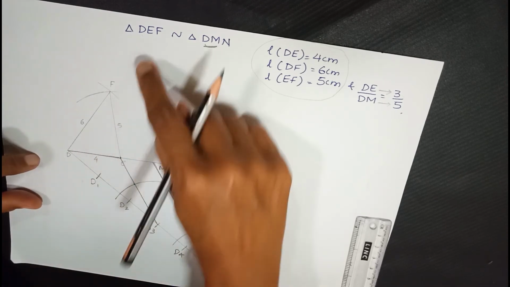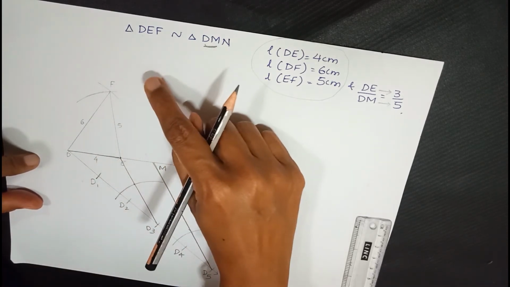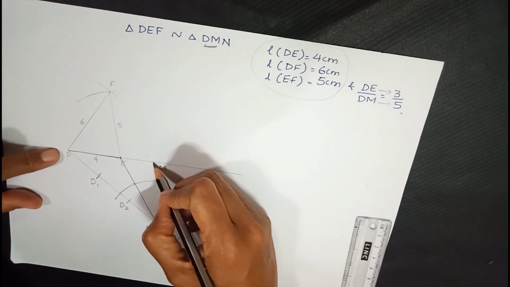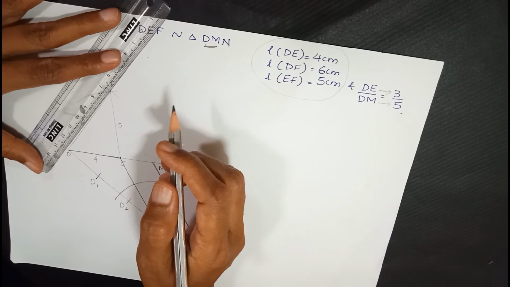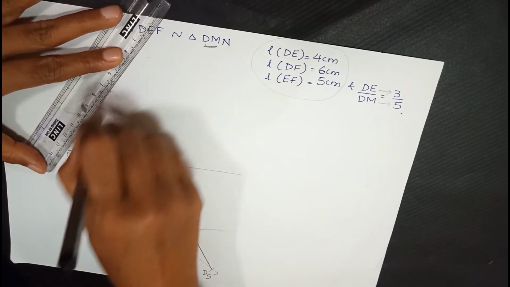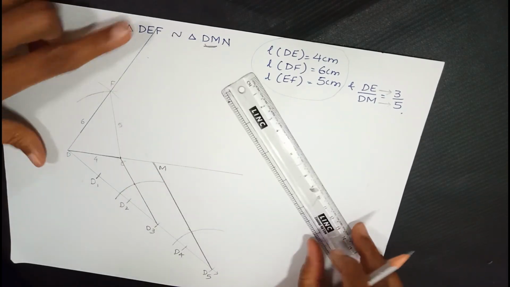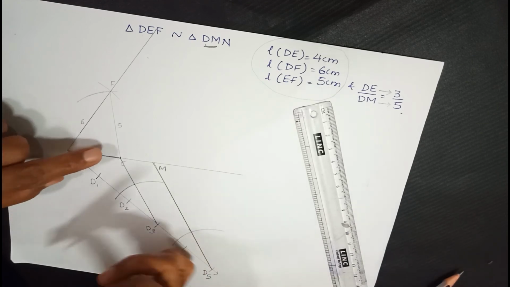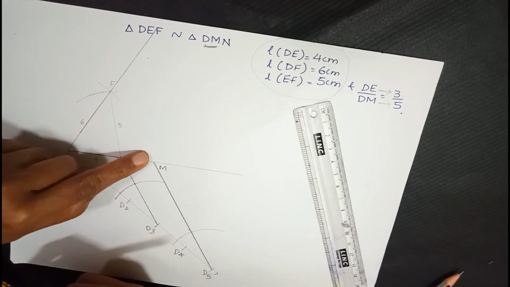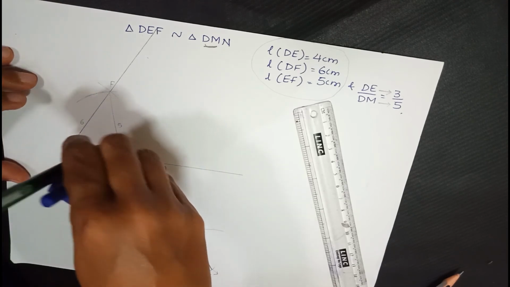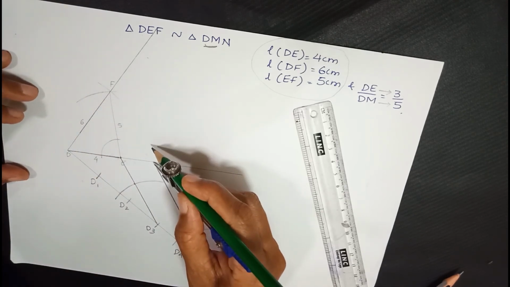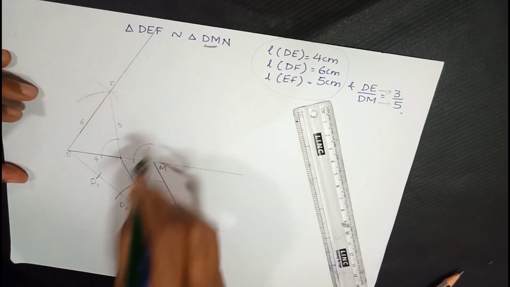Now I want to locate the third point, which is N. Sorry, N. M I have already located. N also will be lying beyond this point because it's a bigger triangle. So we extend the top also. Now again same method. This angle I will have to construct here also. So again using our rounder, we cut an arc, keep it on M and cut an arc.